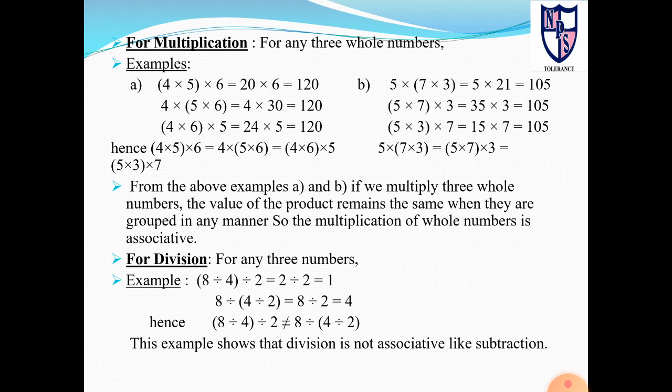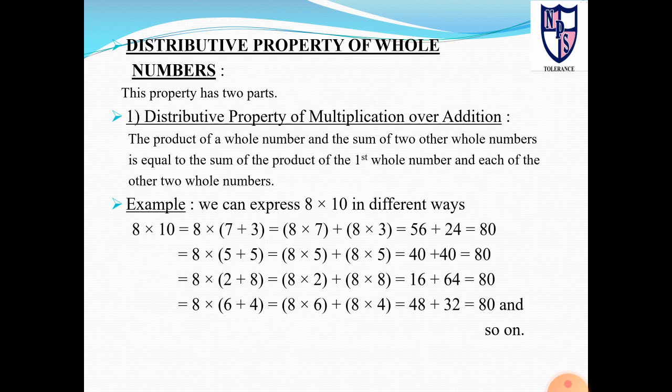So we can say that multiplication is associative. For division, if we divide the three numbers 8, 4 and 2 and arrange them in any manner, then we get different results. So from this example, we can say that division is not associative, like subtraction.